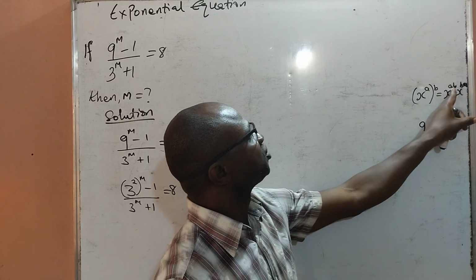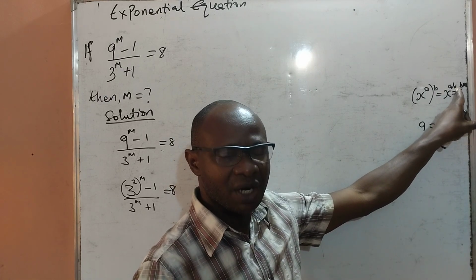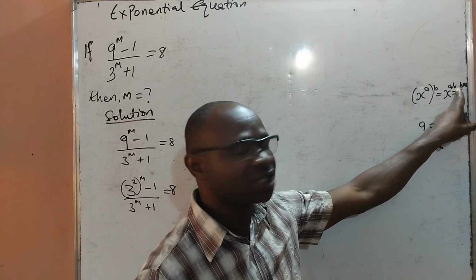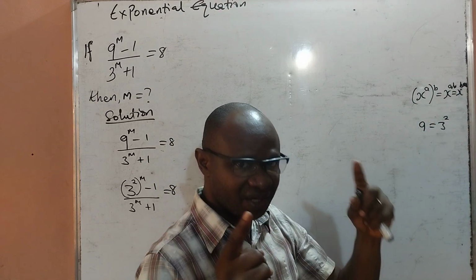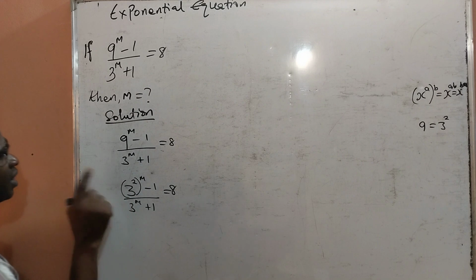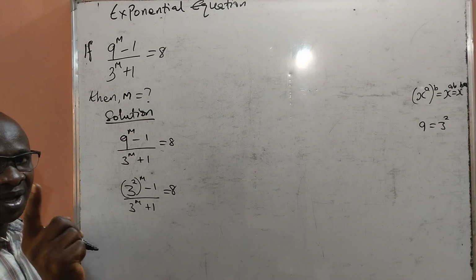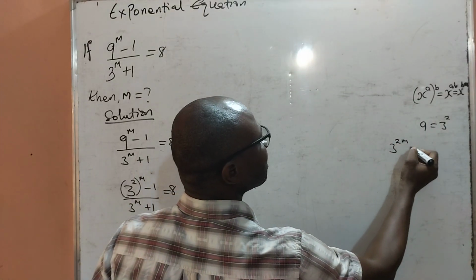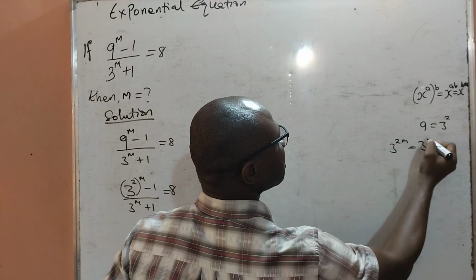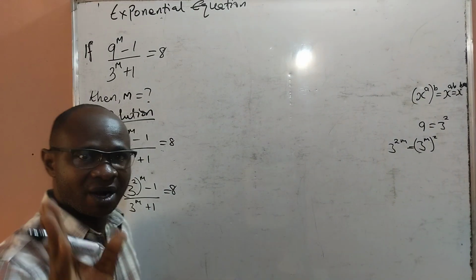A multiply b is ab, and ab is the same thing as ba because multiplication is commutative. That means 2 times n is 2n, and that 3 raised to power 2n can also be written as 3 raised to power n multiplied by 2. Both of them are correct.